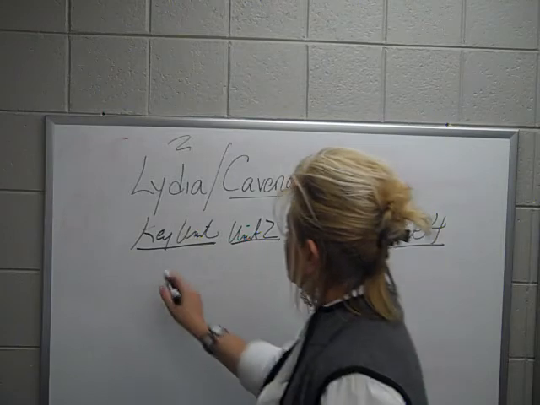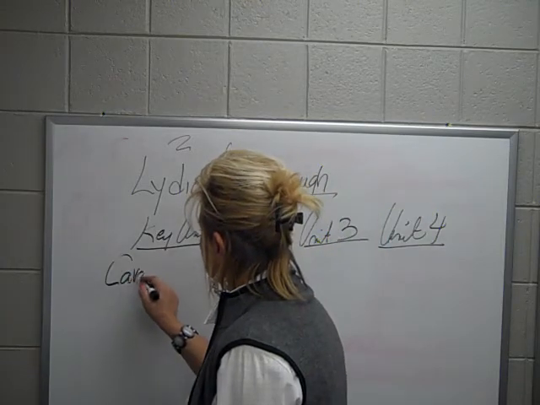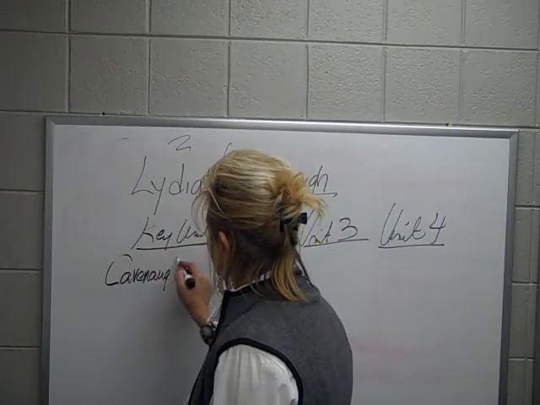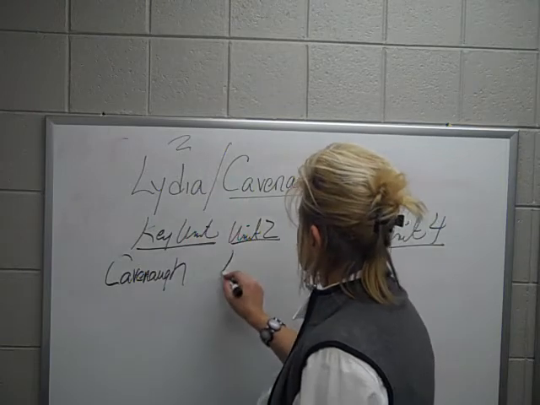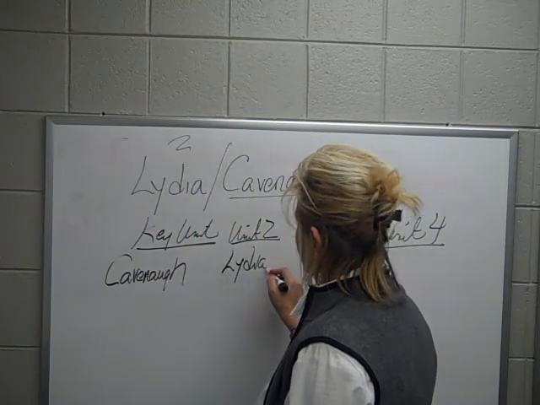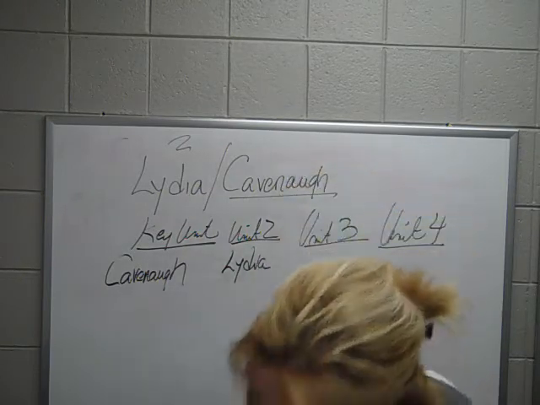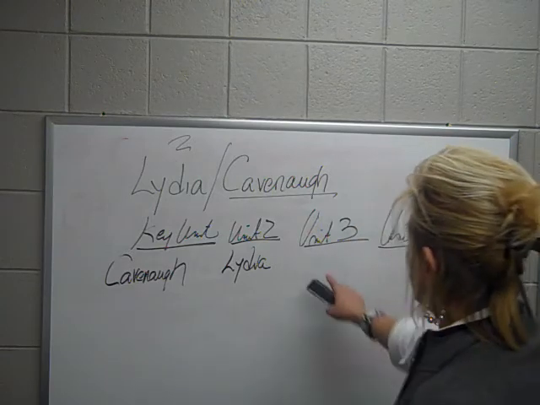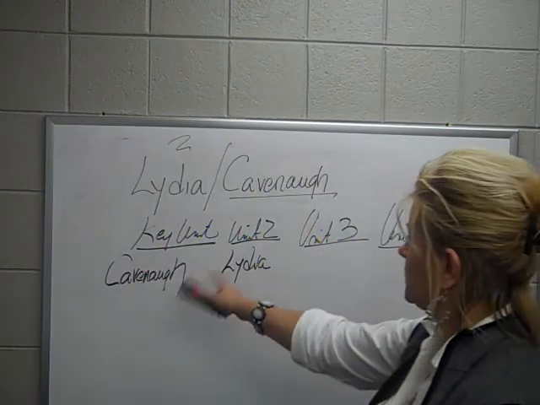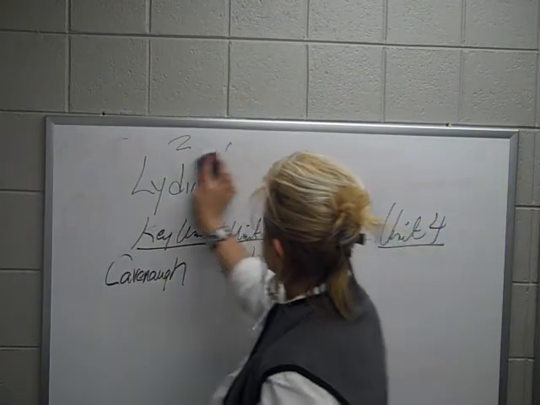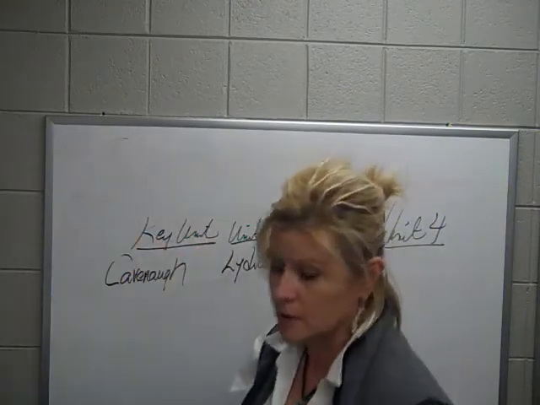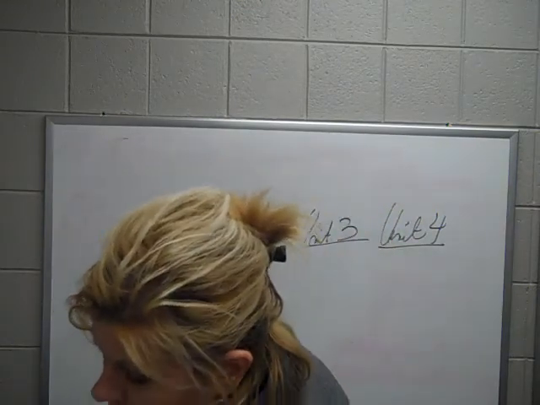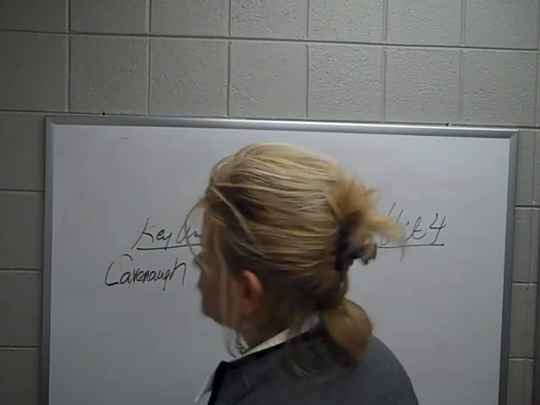Okay, in this case, Kavanaugh is your key unit. Unit 2 is Lydia. So that's your first one. We don't have a unit 3, 4, and 5 because there's only 2 words in her name. Look at the next one. Maria Cristina Castro.